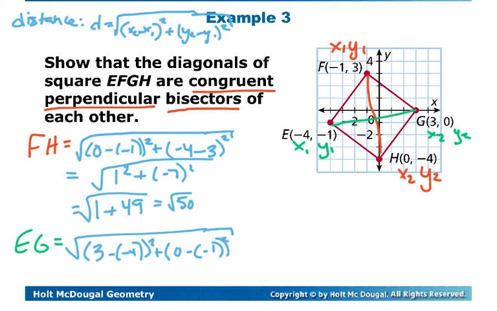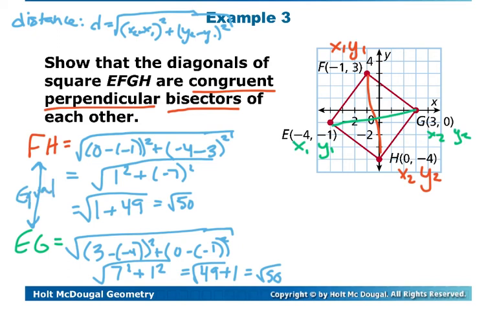Putting those together, it's really 3 plus 4, so we have 7 squared here. And to that, we're going to add 1 squared. And so as you can see, we match up and we get 49 plus 1 again, which is the square root of 50. And so because of that, we do know that these two are equal lengths. And so we have just said that they are congruent.